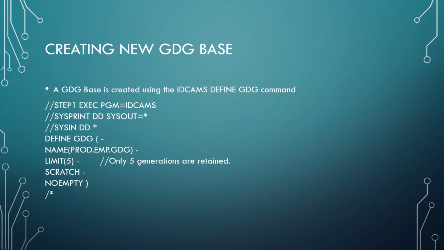The SCRATCH option tells the mainframe to physically delete expired generations. NOEMPTY tells mainframe to remove only the oldest generation when the limit is reached. Once this command executes successfully, the GDG structure is ready for use. We have specified a limit of 5, which states it can retain only 5 generations.